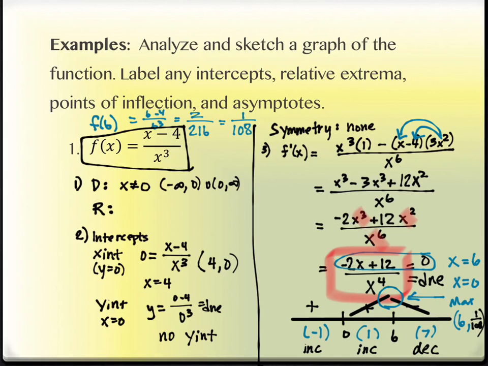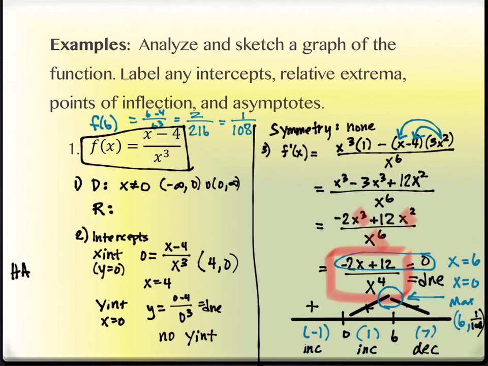I don't mean funny like ha-ha, I mean it's a little weird. What's the degree on top? 1. What's the degree on bottom? 3. What happens when the degree on top is smaller than the degree on bottom? Horizontal asymptote, but at what value? At 0.